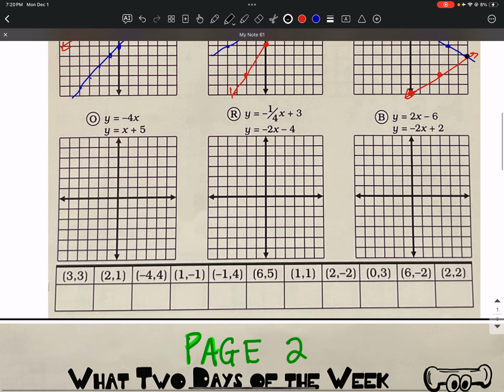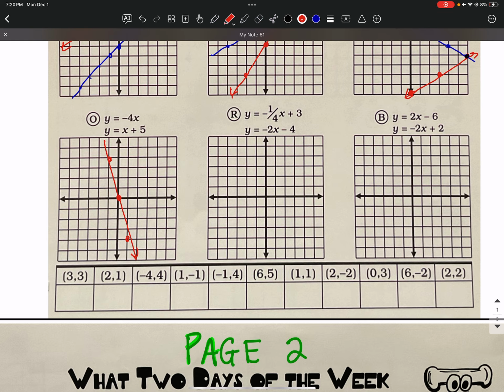This one, let's see, starts off at 0 and goes down 4 every day. Okay, this one starts off at 5 and goes up 1 every day, which means in the past it's going down. There we go. This one hits at negative 1, 4.